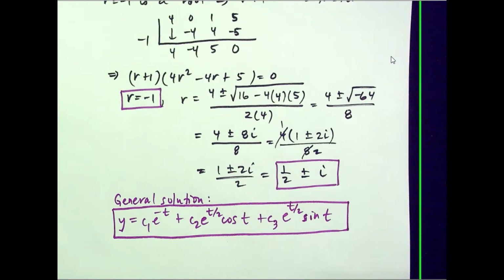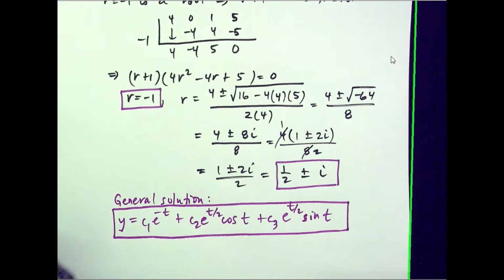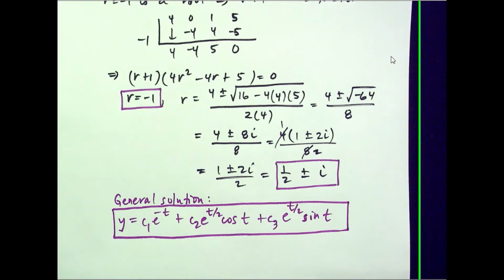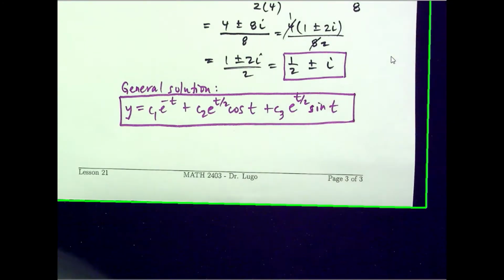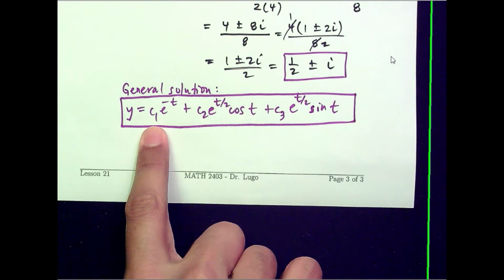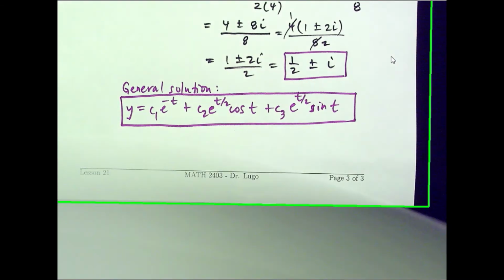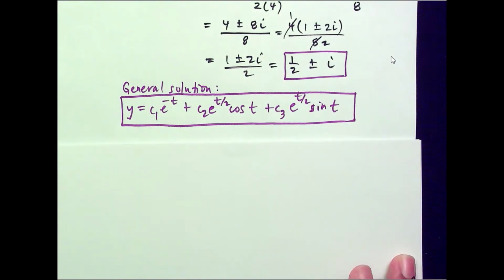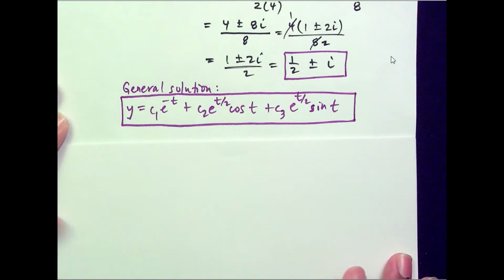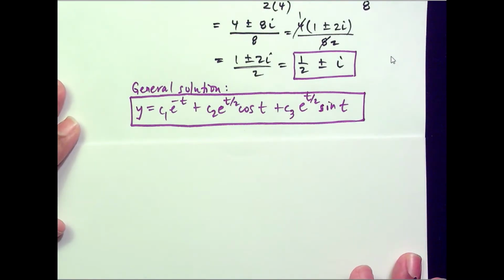Okay, now we have to figure out what the particular solution is using the initial conditions. So let's continue on another page here. All right, so now we have to figure out what C1, C2, and C3 are using the initial conditions. Okay, this is the annoying part because we have to find the derivative.